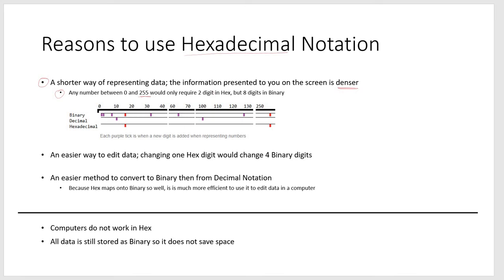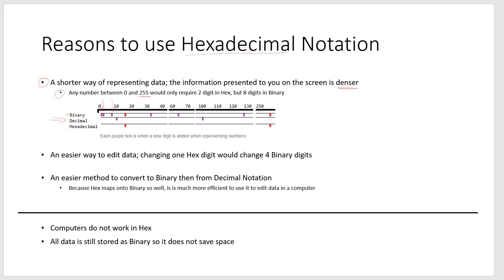And if we look at this graphic here, it shows us at which point we need to add another digit to the notation to represent larger numbers. With binary here, we would have to add another digit at number 2, another digit at number 4, another digit at number 8.